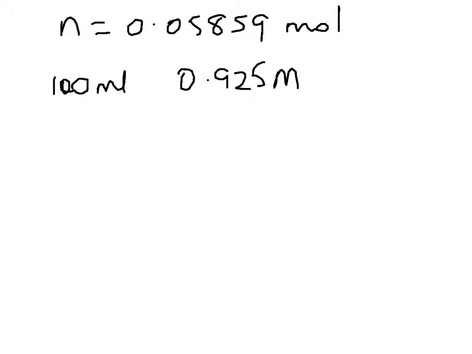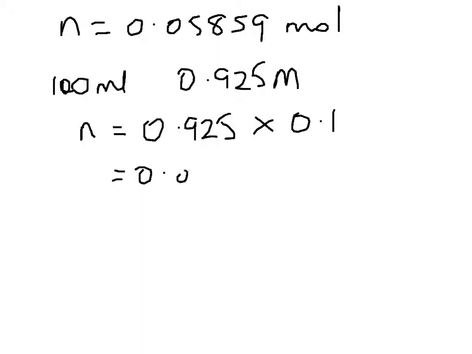So originally we had N equals 0.925, if we do N equals CV here, that's what I'm doing, times 0.1 litres. Equals 0.0925 mole. So that's how much we originally had of hydrochloric acid.